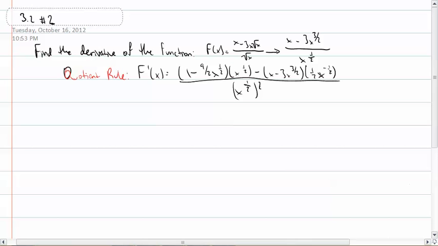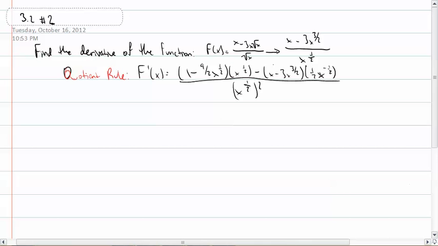Basically what we did here was the quotient rule, which is the derivative of the first, which is this, times the second, which is this, minus the first times the derivative of the second, all over the second squared. So that's what we did right here.